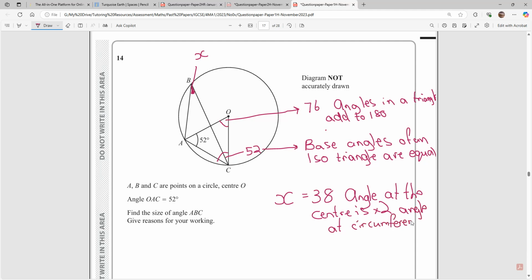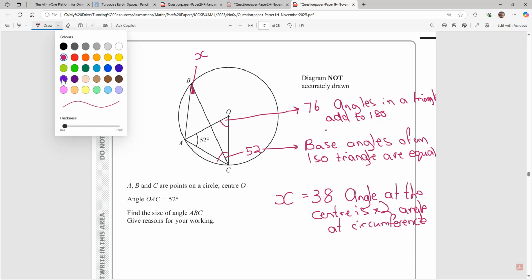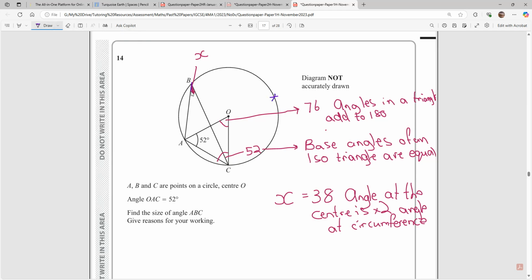So looking at that, it might not be obvious as to why that's the case. But one thing that I think makes it a bit clearer, so if we imagine that point C move around to say there, and I redraw this diagram, then we can see that this angle there and this angle there would be twice the angle of circumference.